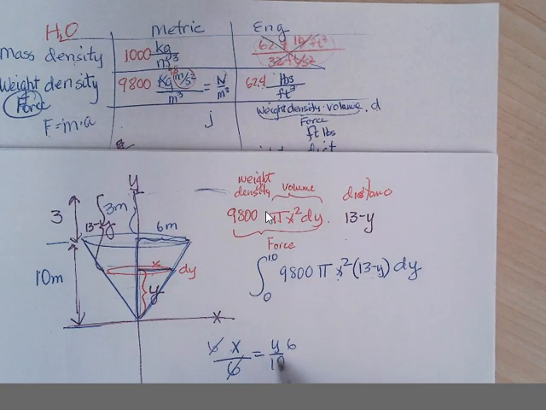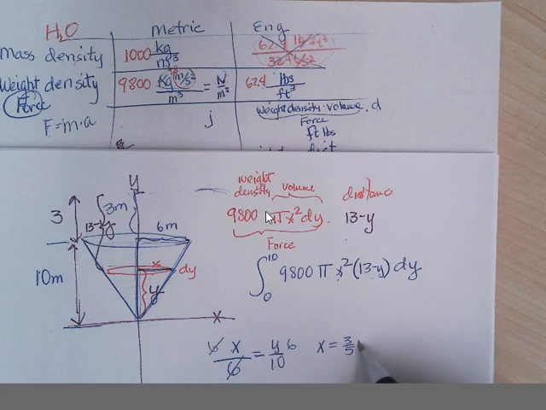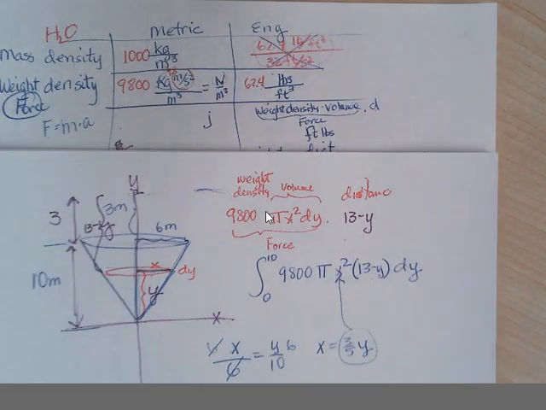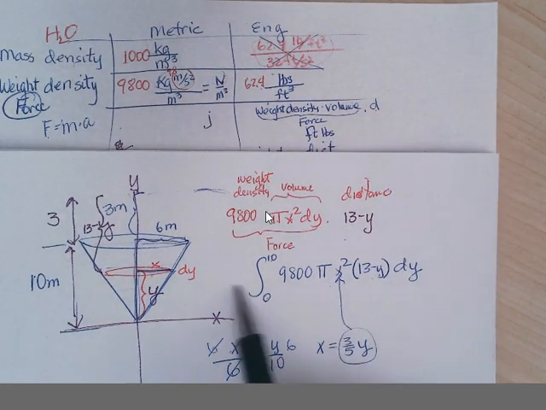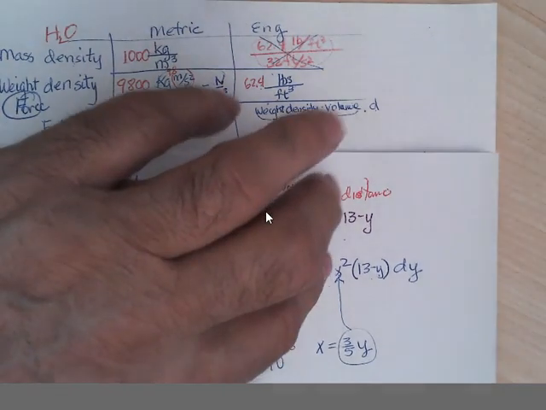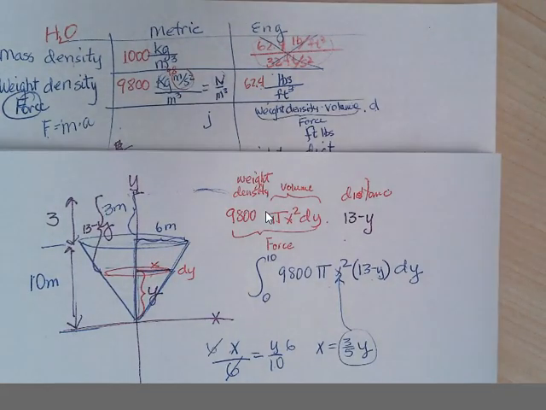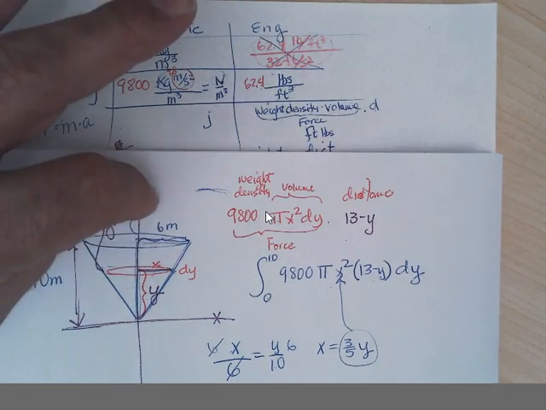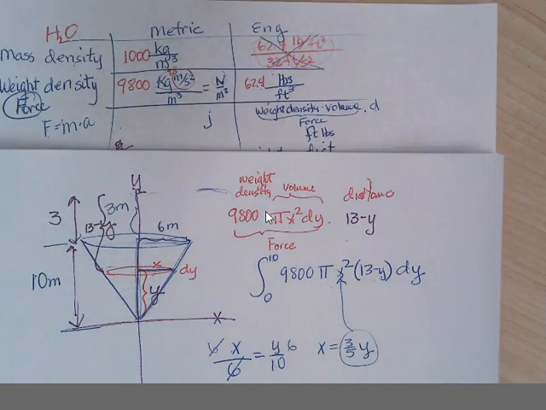And 6 over 10 is 3/5. So x equals 3/5, or 0.6 y. So I'd put this in place of my x squared, type the whole thing into a calculator or distribute that, pull the constants out, but I have to square it and then distribute it, and I can integrate it and find out how much work it takes to lift all the water out of this tank up to a height of 3 meters.